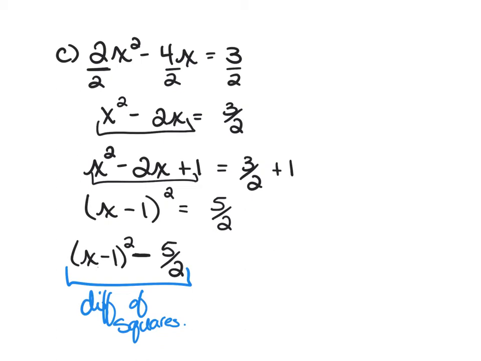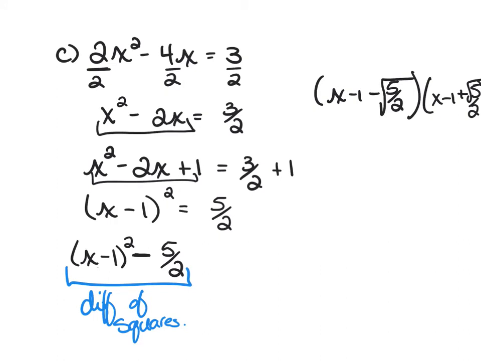So the first term is going to be x minus 1 minus the root of 5 over 2. And then the other one is going to be x minus 1 plus root 5 over 2. And then we can go from there.